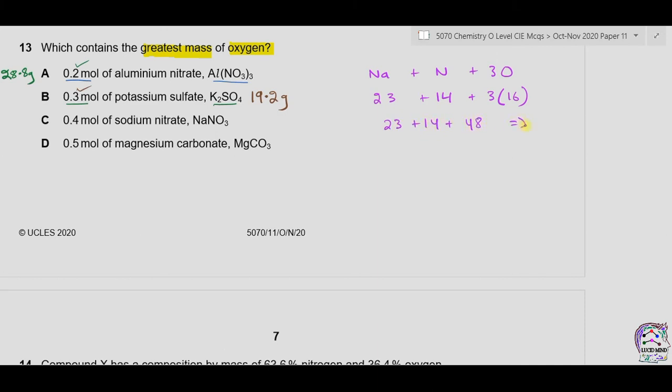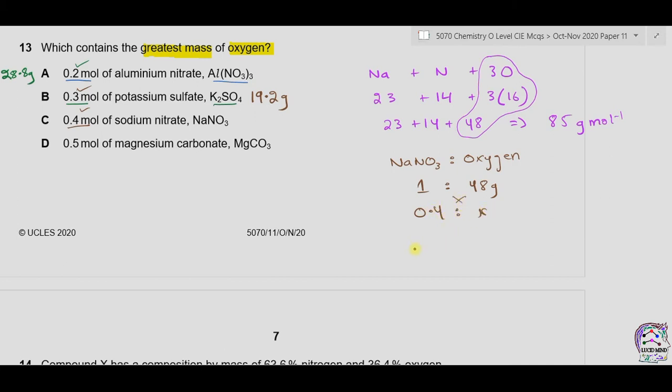The total molecular mass comes equal to 85 grams per mole. As in 1 mole we can see that 48 grams of oxygen are present. So we can find the mass of oxygen. For 1 mole we have 48 grams. For 0.4 moles given in the question we would have x grams of oxygen.